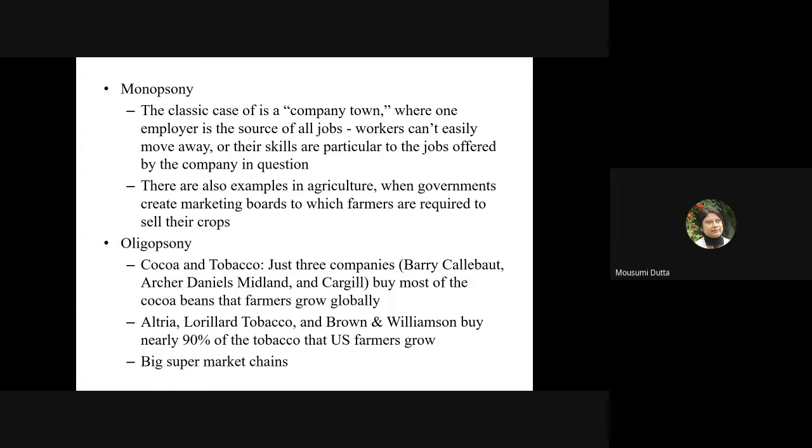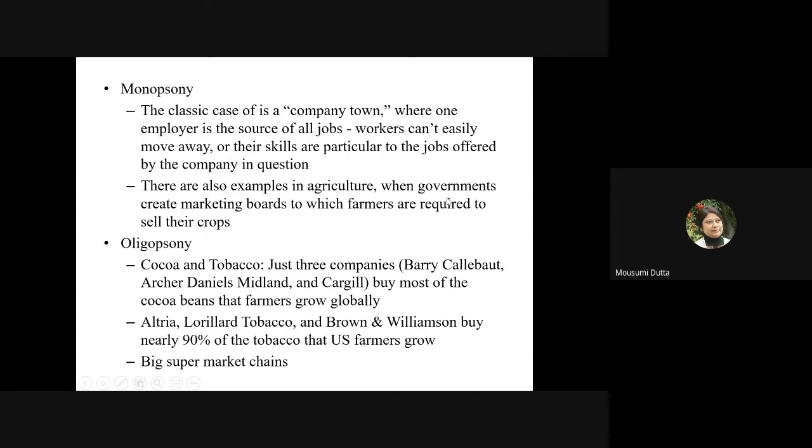The notion of company towns develops in this way. I'll be the single buyer of labor or land. Everybody will come to me to sell their raw materials or labor. So in this case, sellers are many, buyer is one.